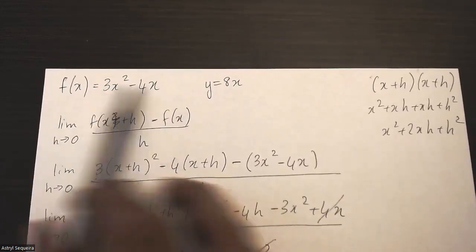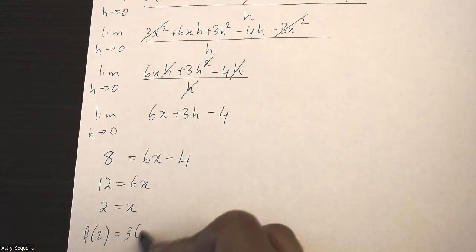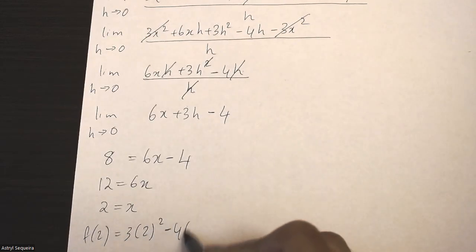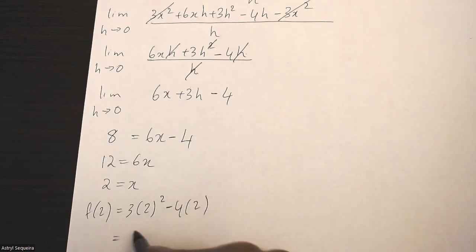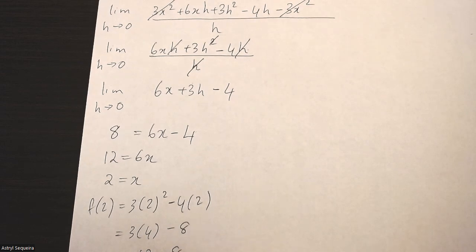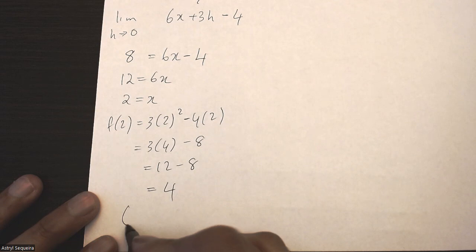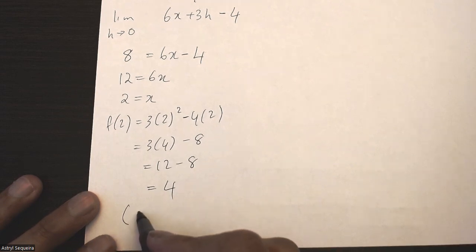And then to find the y value, I'll just sub it back in the original equation. f of 2 is just 3 times 2 squared minus 4 times 2, which is 3 times 4 minus 8, which is 12 minus 8, which is 4. So the point where the slope is the same as that line is basically (2, 4).